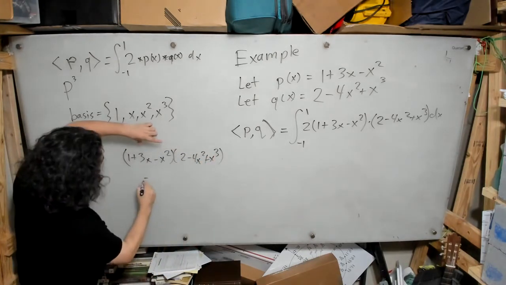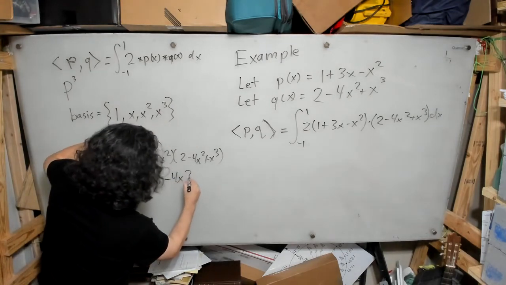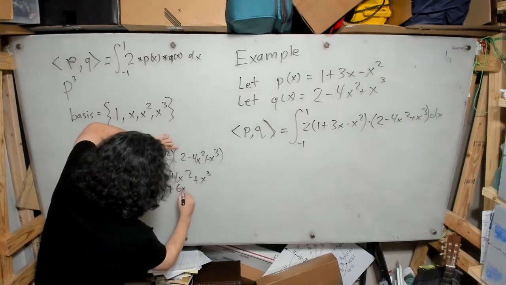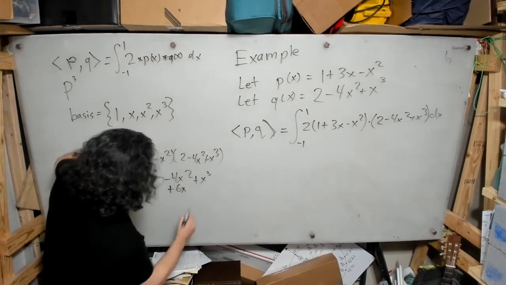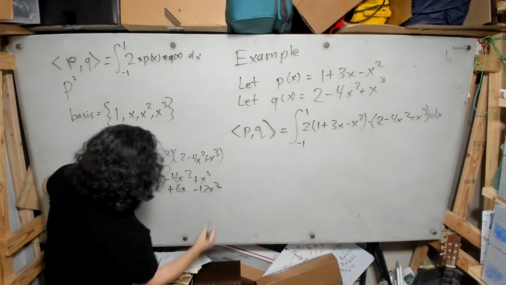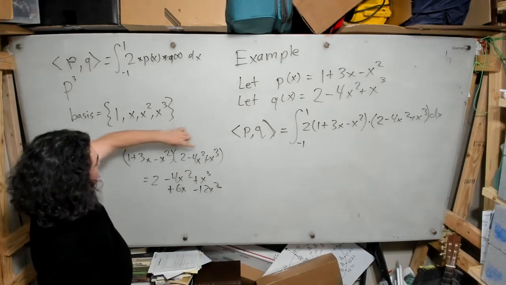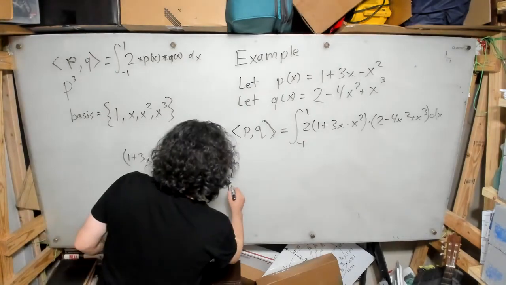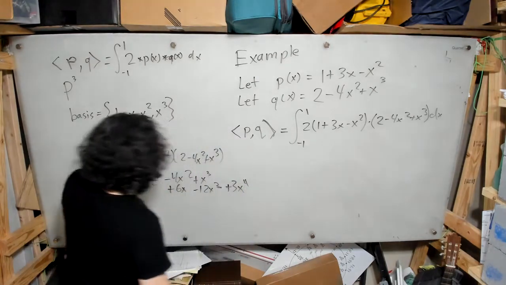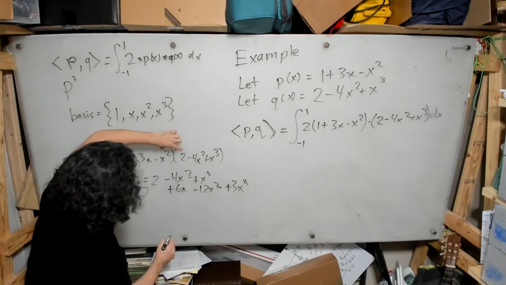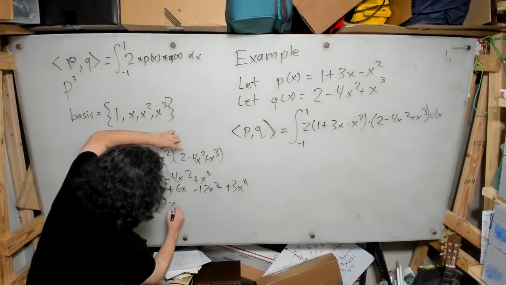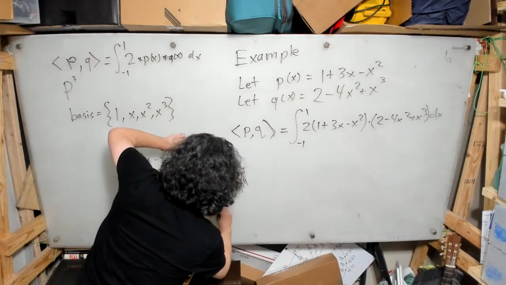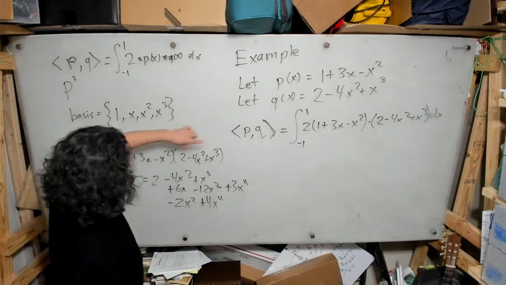This is 2 minus 4x squared plus x cubed, plus x, minus 12x cubed. 3x times x cubed, that's 3x to the 4th power, plus minus 2x squared, plus 4x to the 4th, minus x to the 5th power.